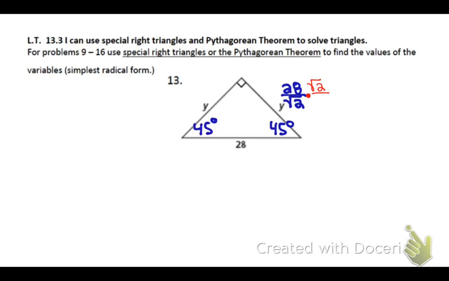So we're going to multiply by radical 2. Then that will give us 28 radical 2 divided by 2. And then we can still reduce a little bit. So we're going to do 28 divided by 2. And so that cancels out a little bit. So that's going to be 14 radical 2 is the best answer.